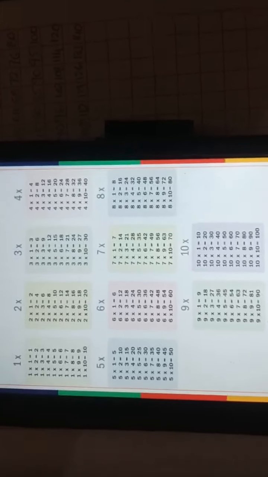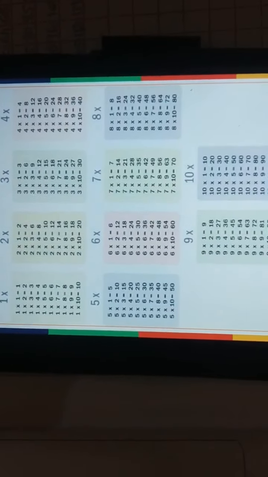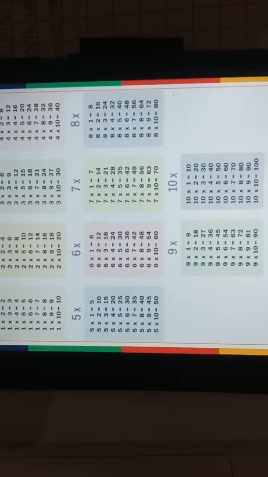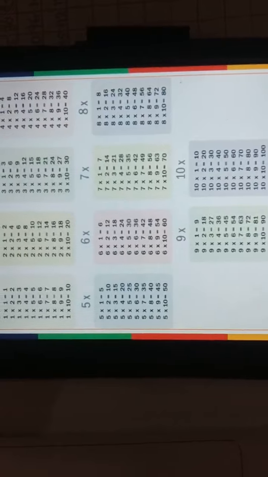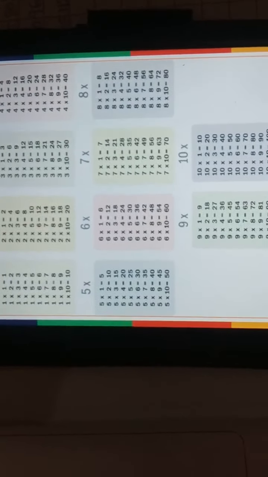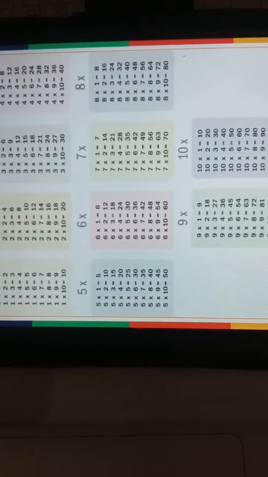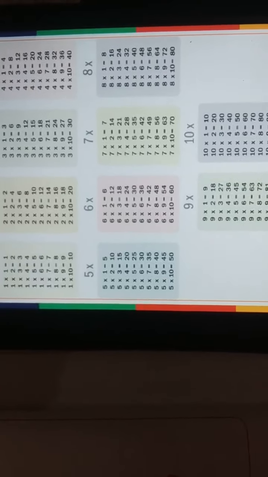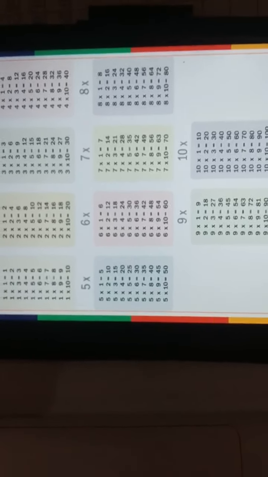Table number 1 and 2. 1 one is 1, 1 two is 2, up to 1 ten is 10. 2 ones are 2, 2 twos are 4, 2 threes are 6, 2 fours are 8, 2 fives are 10, 2 sixes are 12, 2 sevens are 14, 2 eights are 16, 2 nines are 18, 2 tens are 20.